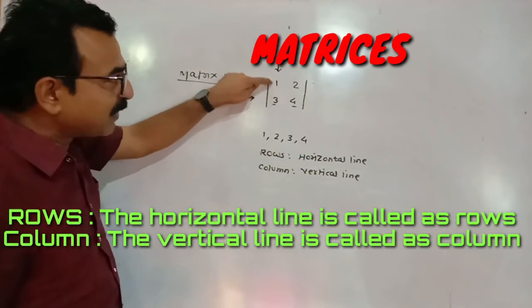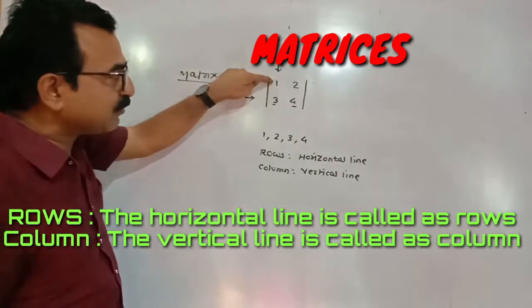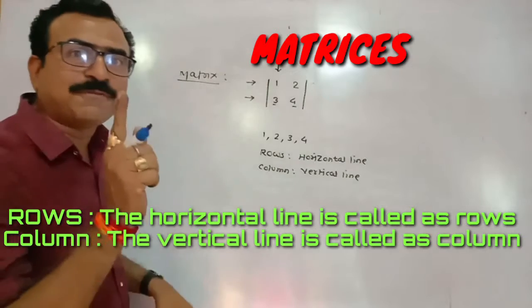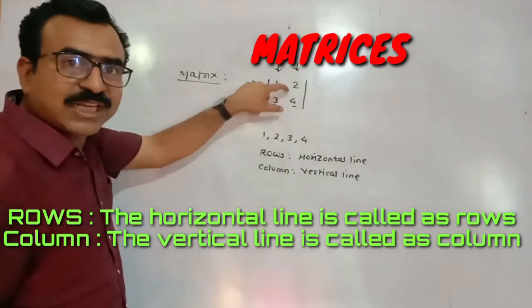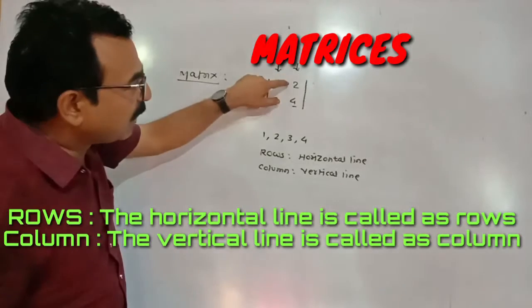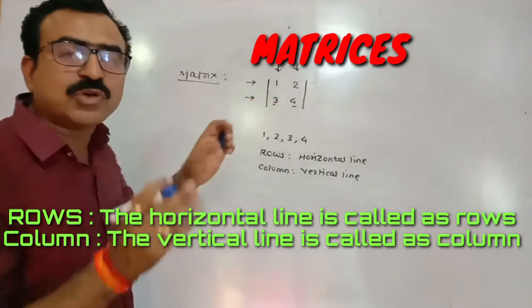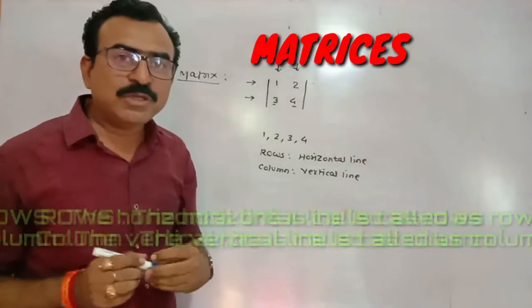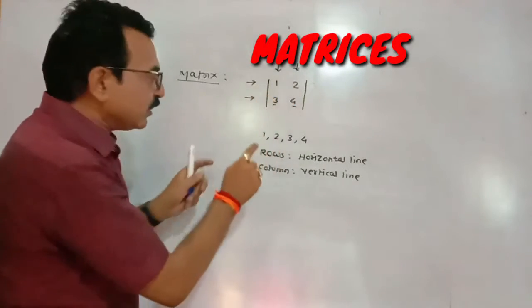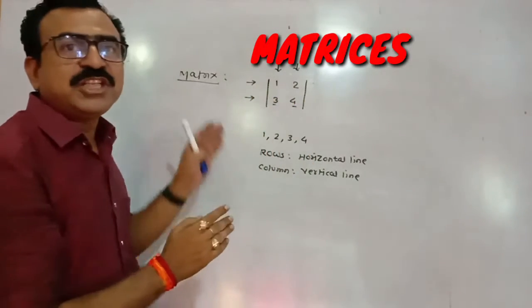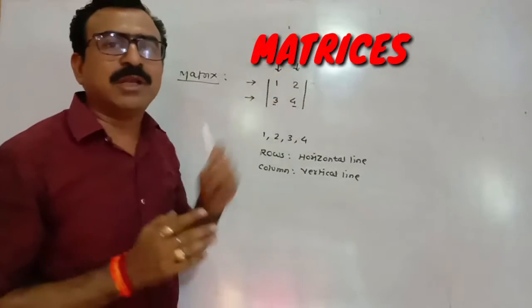This is the first vertical line that has the elements 1 and 3. This is called the first column. This is the second vertical line that has the elements 2 and 4. This is called the second column. Understood? So friend, here in this figure, these 4 numbers are arranged in some rows and some columns.